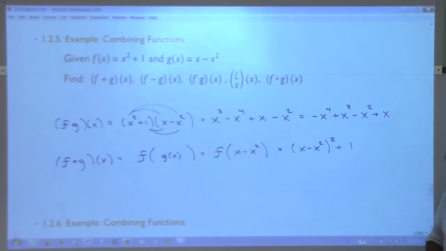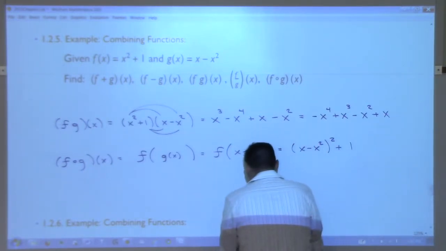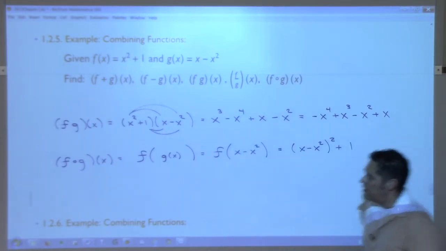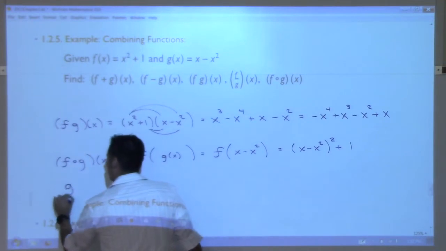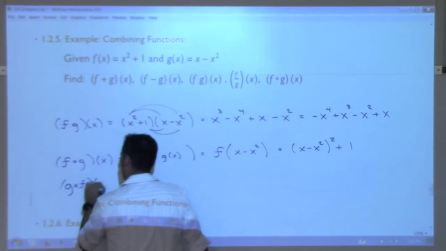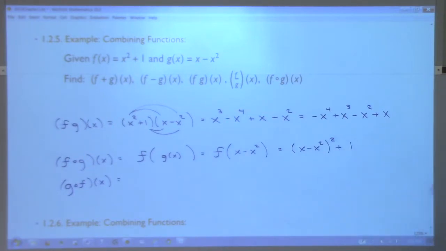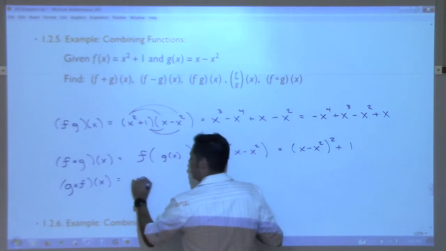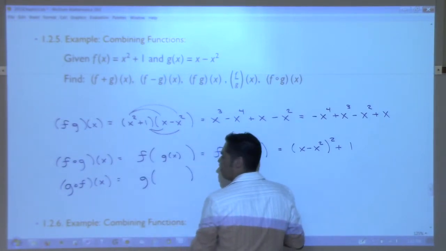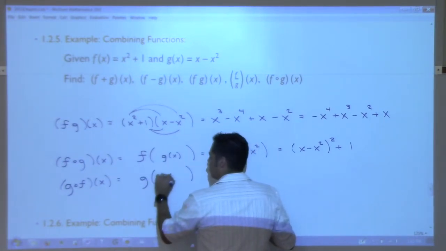I think we've had time to warm up. Okay, what about this? What's the difference here? Yeah, it's backwards, right? This time you're going to go g, and inside of g you're going to put what? f of x.